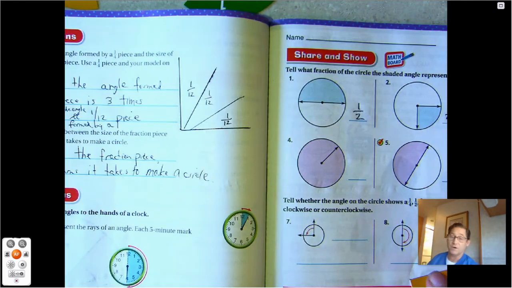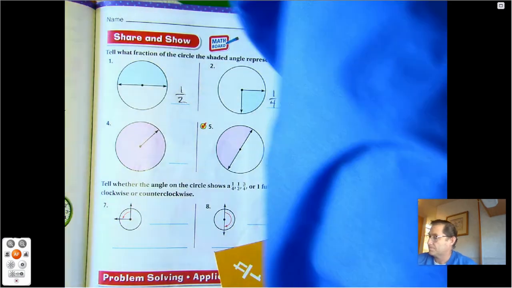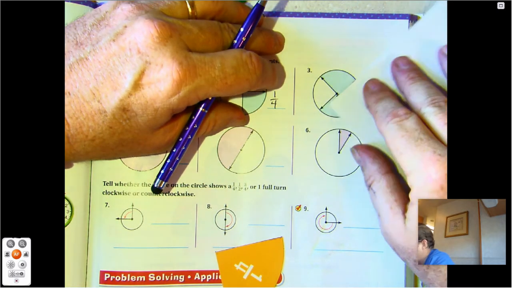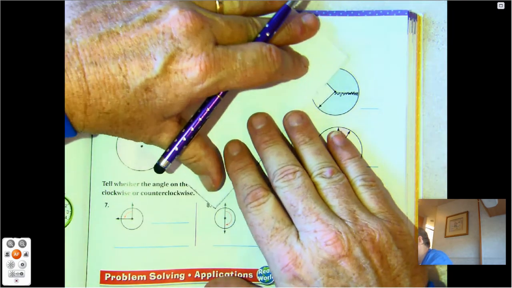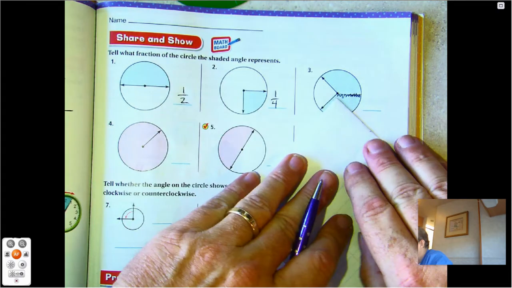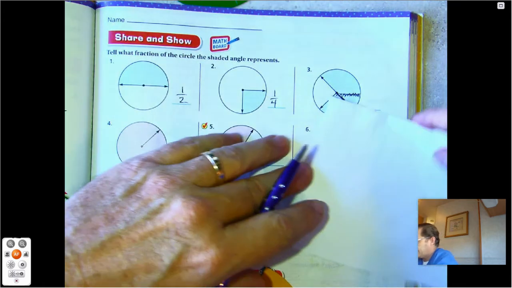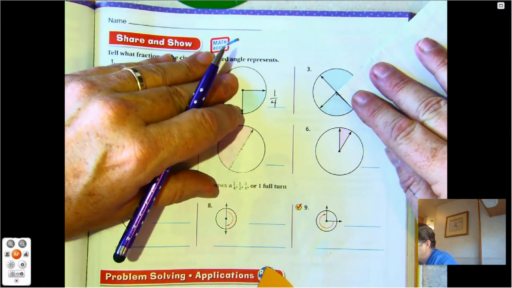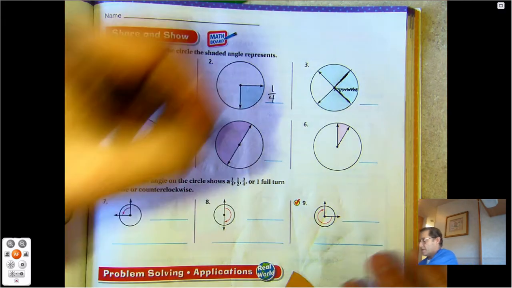So that's not what I wanted to do. 1/4 turn makes a 90-degree angle. So those are the 3. So 1, 2, 3/4.